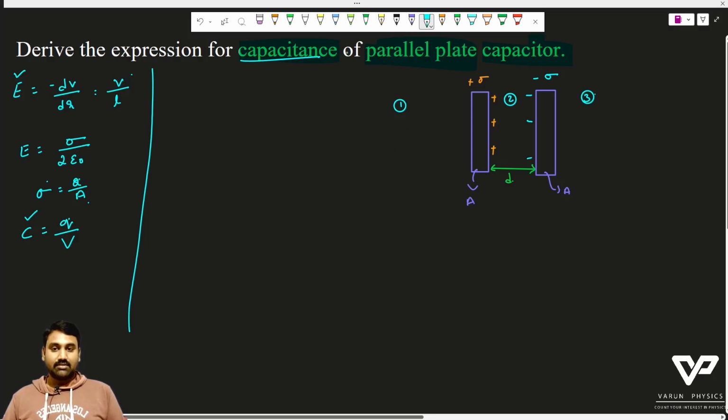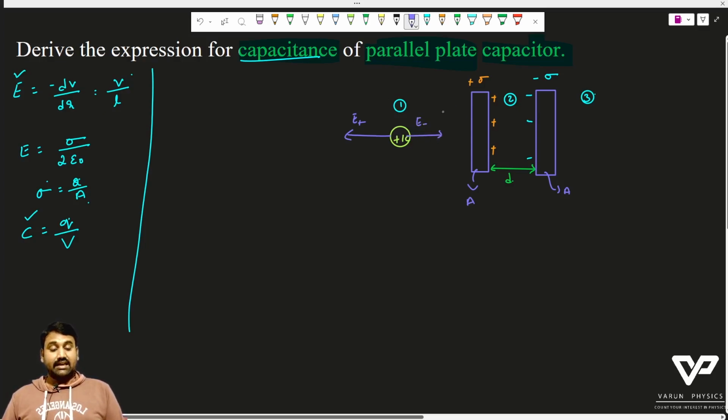In region 1 we place a plus 1 coulomb charge. Because of the positive plate it is repelled, E plus, and because of the negative plate it is attracted, E minus.